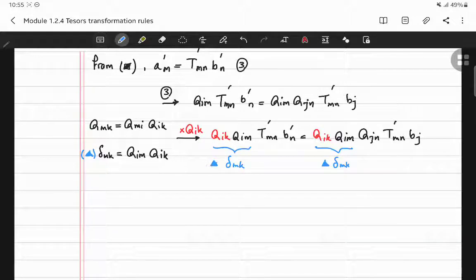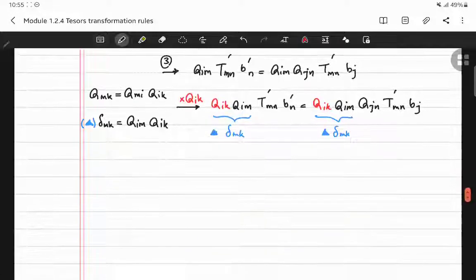We already discussed this in the previous video, where we said that in matrix form, you have Q transpose Q is equal to the identity matrix, or here, since it is tensor algebra, it is the identity tensor.